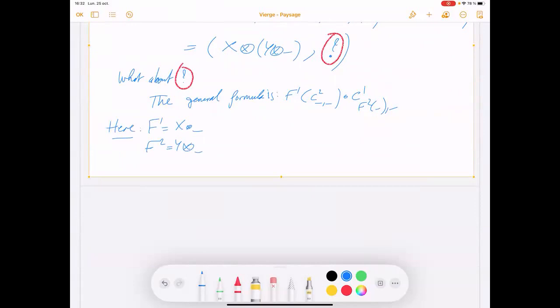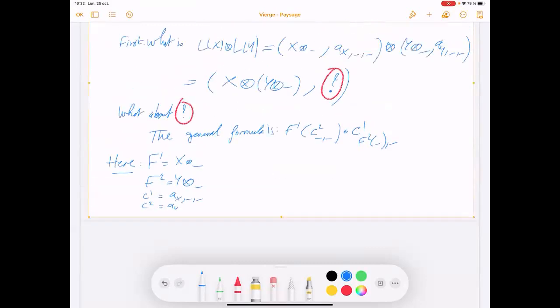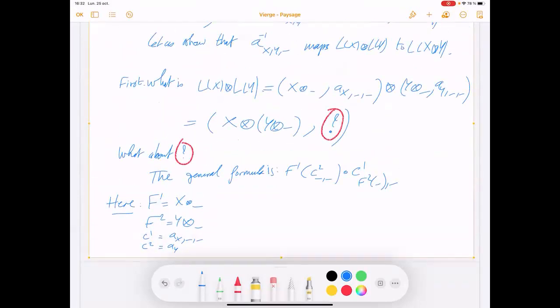C1 is A_X something, and C2 is A_Y something.